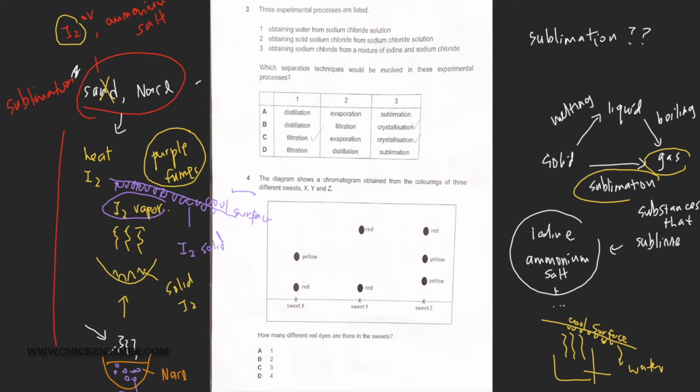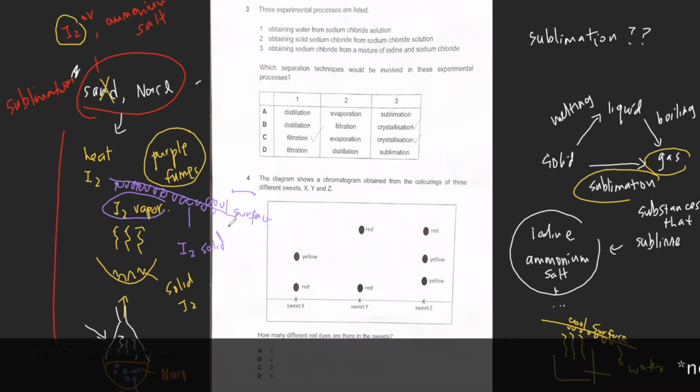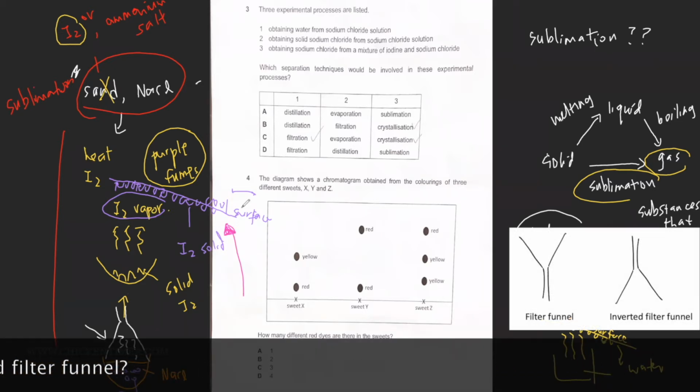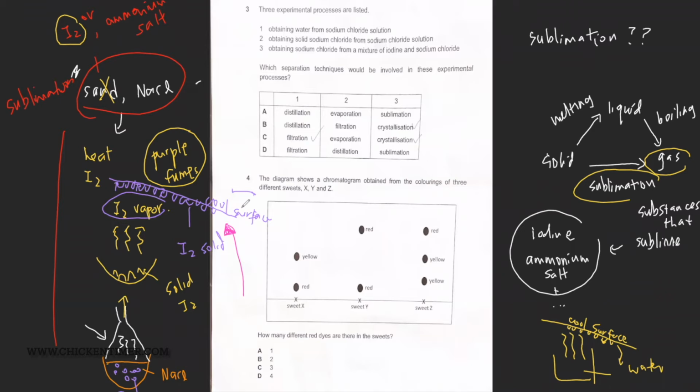So what you do is you put an inverted filter funnel. The inverted filter funnel acts like the cool surface I was talking about just now. The surface of the filter funnel will be colder than the surroundings. Do you all still use filter funnels?